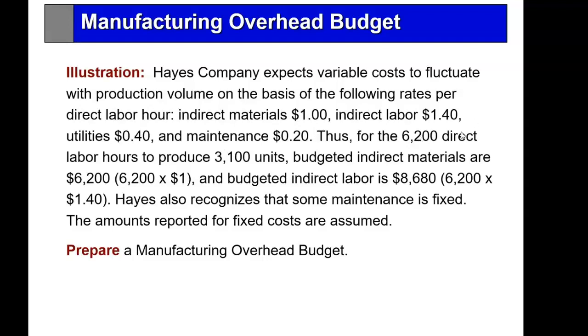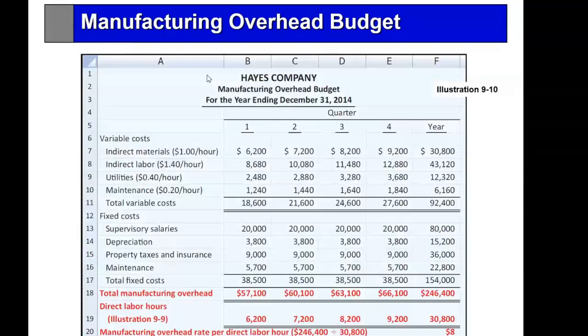Thus, for 6,200 direct labor hours to produce 3,100 units, budgeted indirect material would be 6,200 times $1. The labor would be 6,200 times $1.40, and so on. All right. Now the fixed costs are fixed and have nothing to do with the production volume. So we do this in 2 parts.